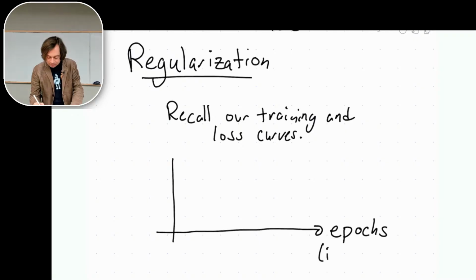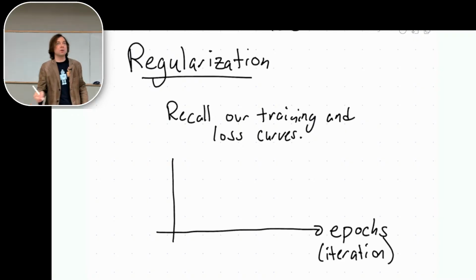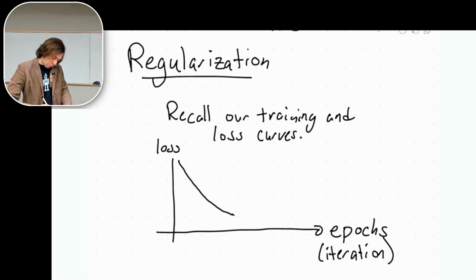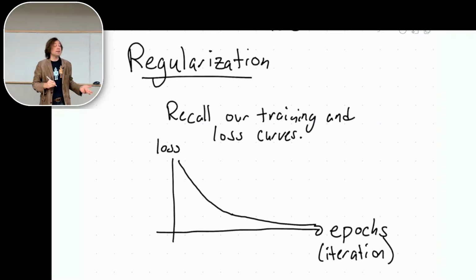If it were a genetic and population algorithm, you'd call them generations. Whatever you call them, just know what you see. And here you would have your loss. So you might start, for your training set, if your algorithm has good hyperparameters, with something like that. That's your training loss.